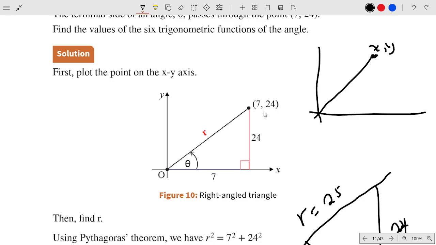That would be the second quadrant. What if we have x positive and y negative? That would be the fourth quadrant. And if it is positive positive, you find it in the first quadrant. That's why we have this diagram in the first quadrant.